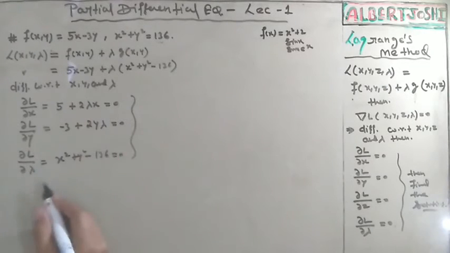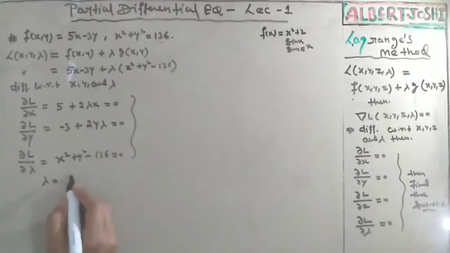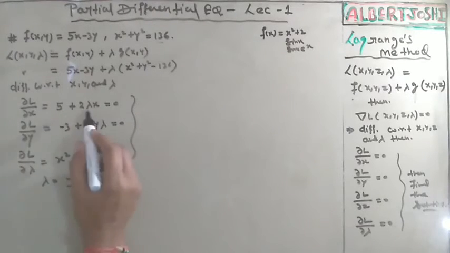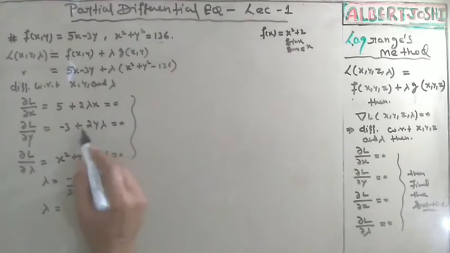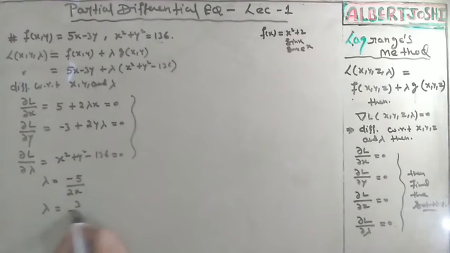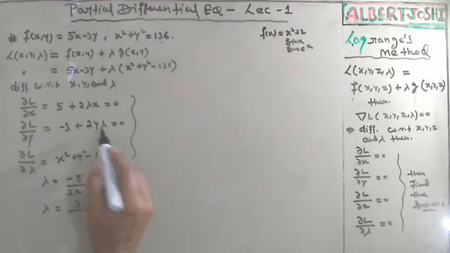By the help of this, you are getting lambda is equal to minus 5 upon 2x. Again by the help of this you are getting lambda is equal to 3 upon 2y.